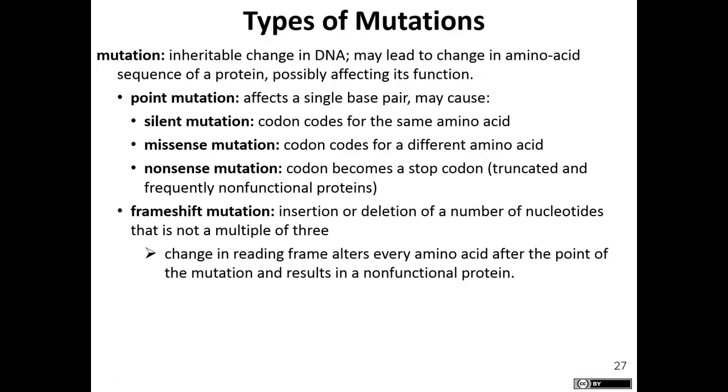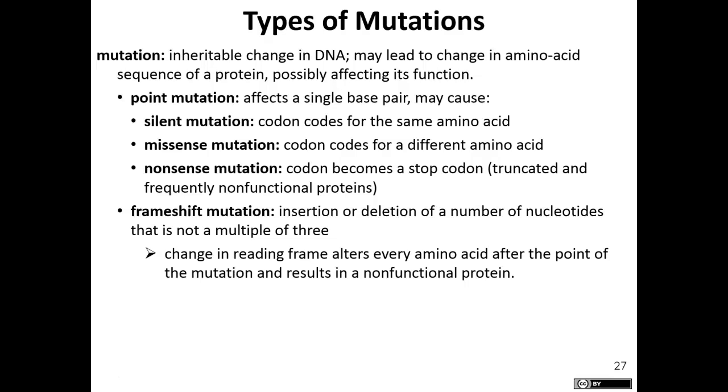There are lots of different types of mutations. So we have mutations called point mutations, which affect a single nucleotide. And when you have one single nucleotide that changes, that can cause major effects, but sometimes it doesn't do anything.